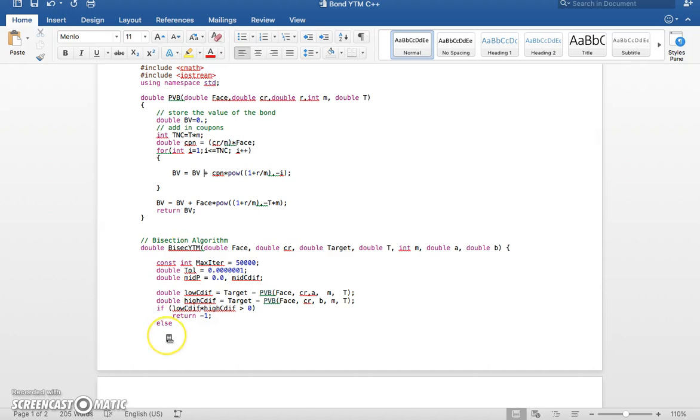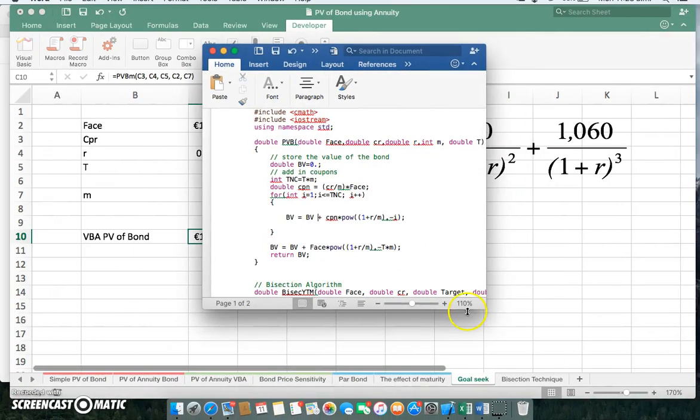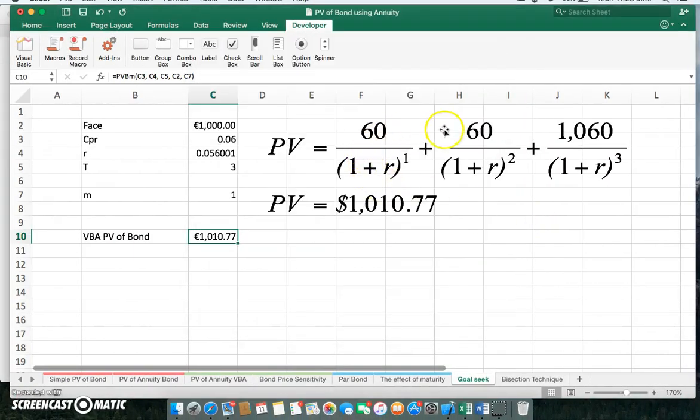But what we're looking to estimate is really not the present value of the bond. We know the present value of the bond, we know the bond price, because that market price can be observed in the market. What we're looking for is how to estimate the yield to maturity of the bond, the discount rate consistent with this bond price.